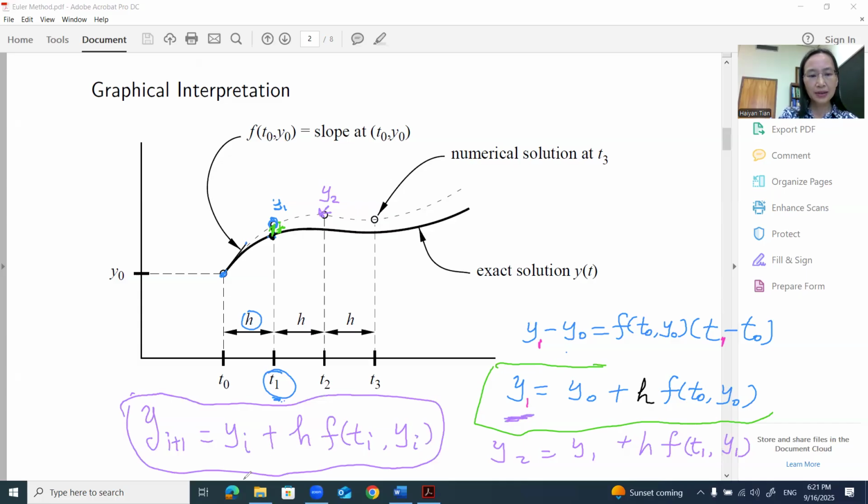When i is 0, from y0 we can get y1. When i is 1, from y1, t1, we can get y2, etc. So we can continue.